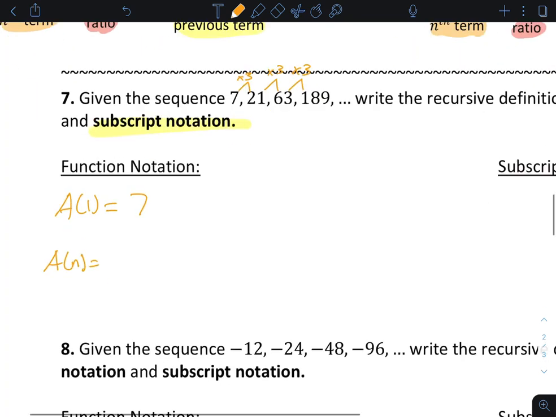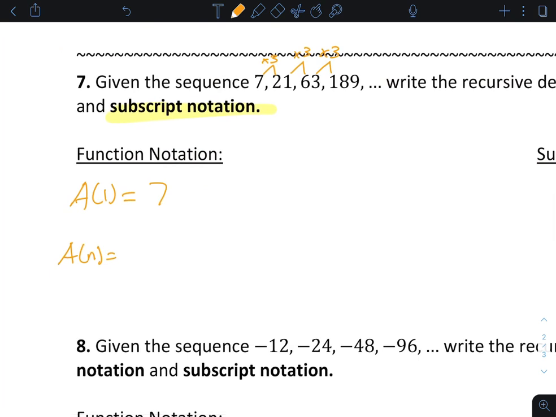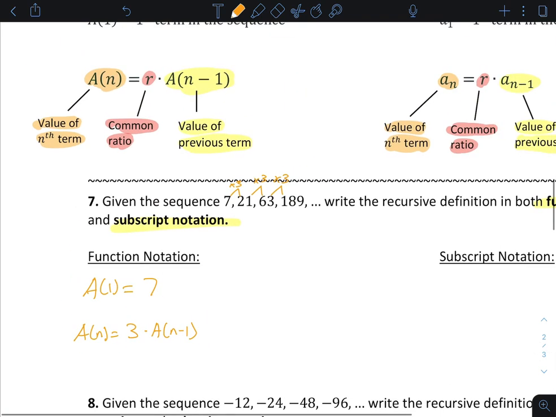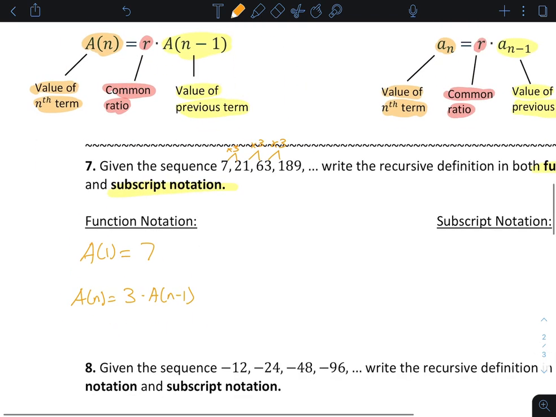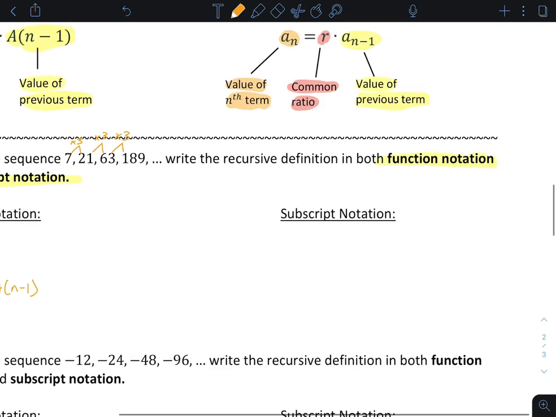I'm going to say A of n equals my common ratio, which is 3, times my A of n minus 1. And that's it. So really, you're just filling in the first term of your sequence, and then you're finding the common ratio, and that's it.